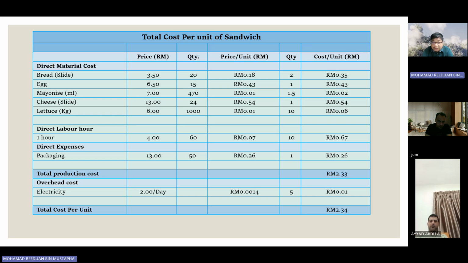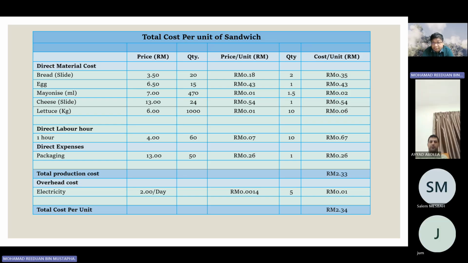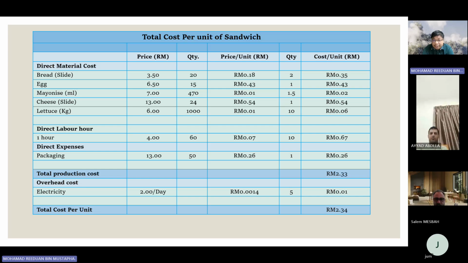That means if you want to produce 100, it is equivalent to 234, which is the cost of producing 100. That's why the cost per unit is very important.